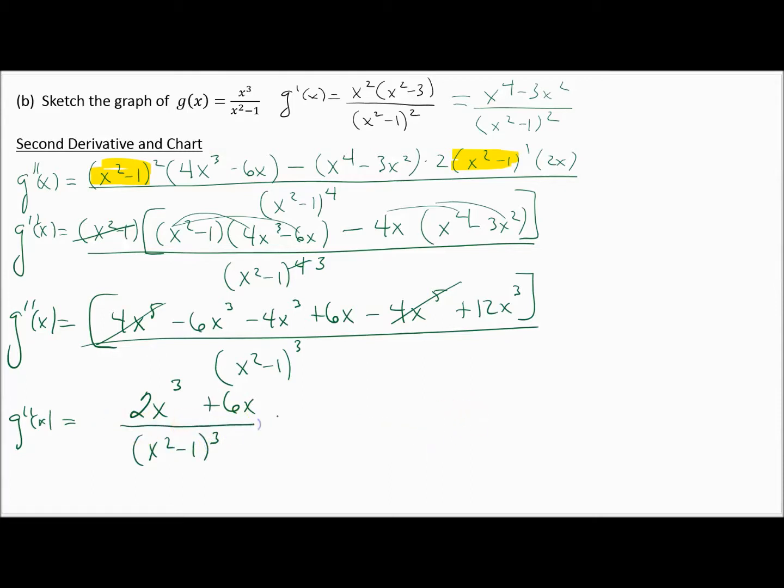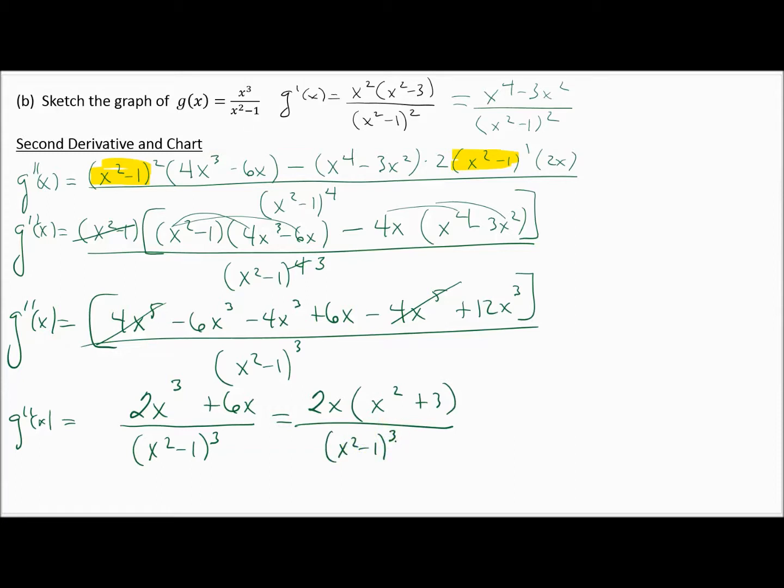Now, this is it. It doesn't simplify any further. You could factor out a 2x, and that's going to leave me with x squared plus 3 over x squared minus 1 to the third.